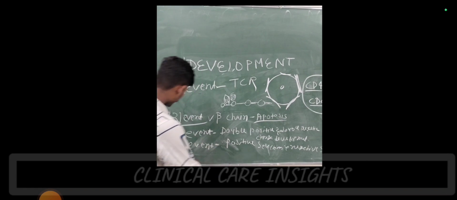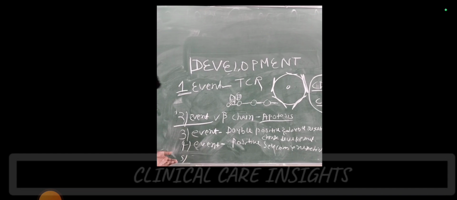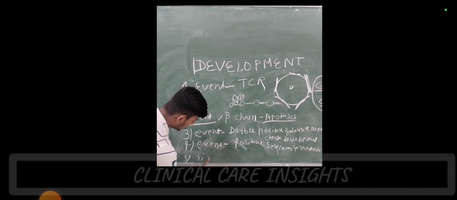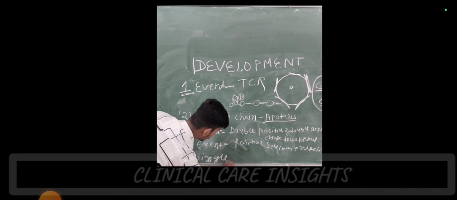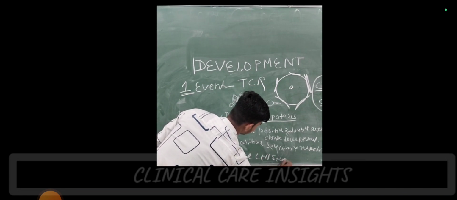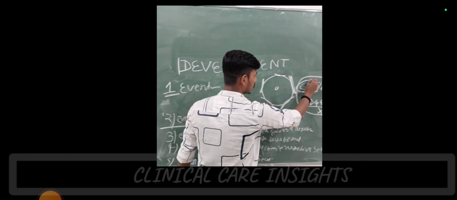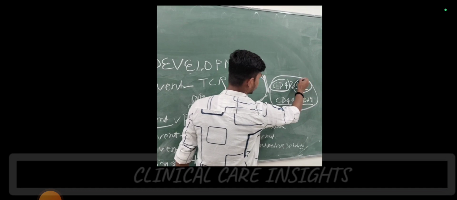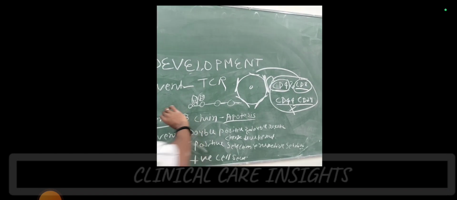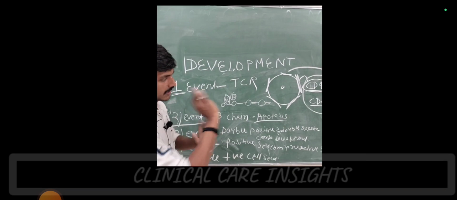Now the fifth event is marked by single positive cell selection. Now only these CD4 and CD8 cells are present on the T cell receptor. Understood? Now let me summarize it once again.